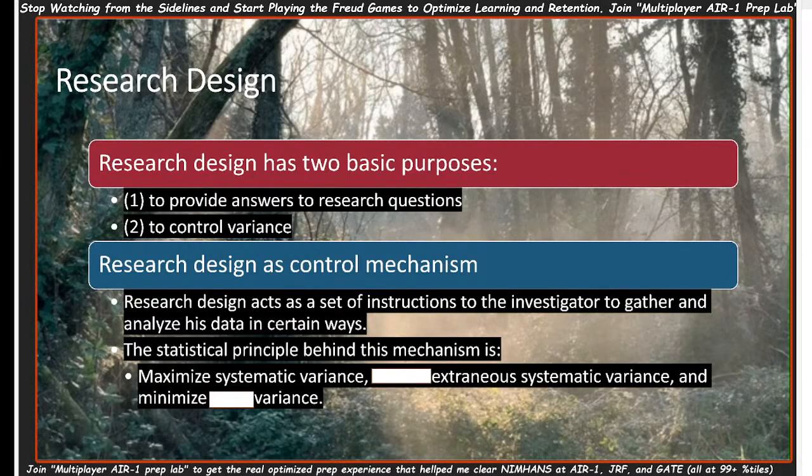Right? Second is you have to control extraneous systematic variance. So extraneous systematic variance is anything that is extra but varies systematically. Right? So we call this particular type of variable. So what variable is extraneous but varies systematically?